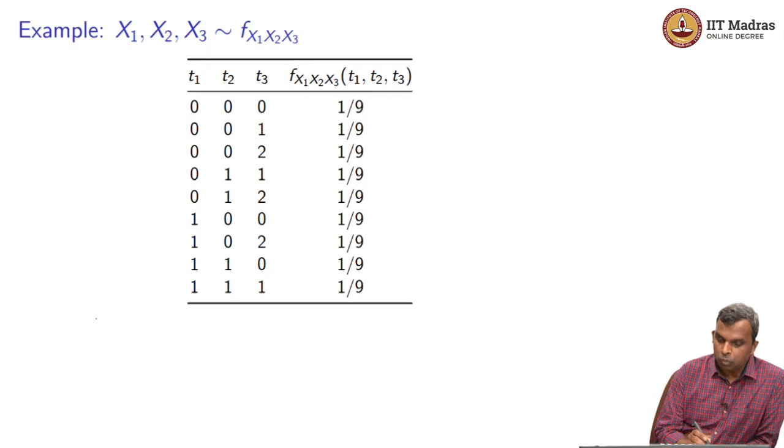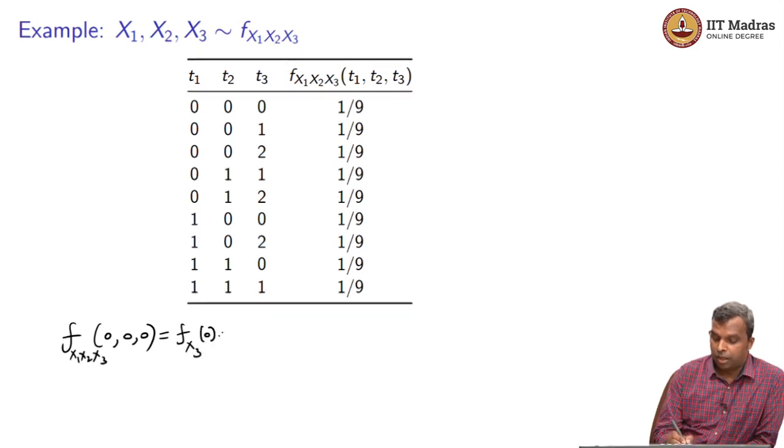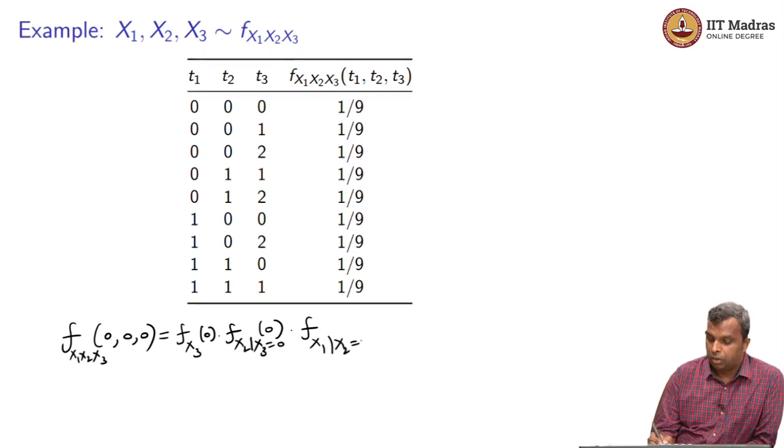So let's look at the case where I want to look at f x1, x2, x3. Let's start with the simplest possible one, 0, 0, 0. I know I can write this as f x3 of 0 times f x2 given x3 equals 0 of 0 times f x1 given x2 equals 0, x3 equals 0 of 0.